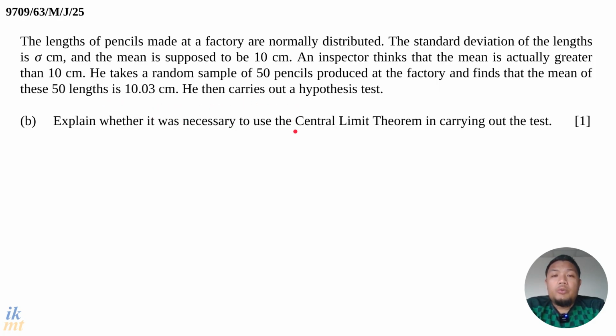Even if we don't know the probability distribution of the original population, if the sample size is large enough, then the distribution of the sample mean will approach a normal distribution. So that is what the central limit theorem is for.